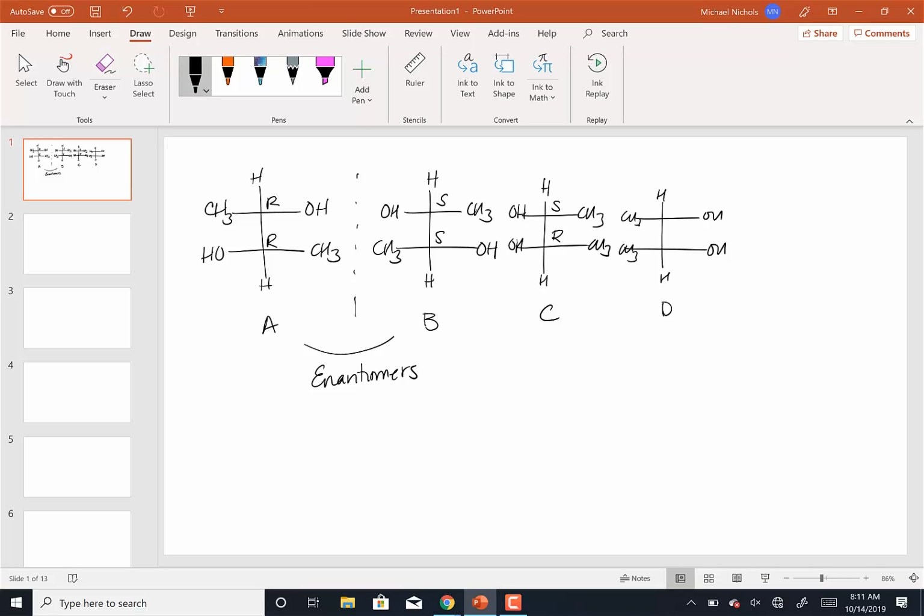And then that would make this one R and S. Okay, so what's the relationship between C and D? Maddie? They're Mezzo compounds. Anybody else want to throw something in? Description-wise?